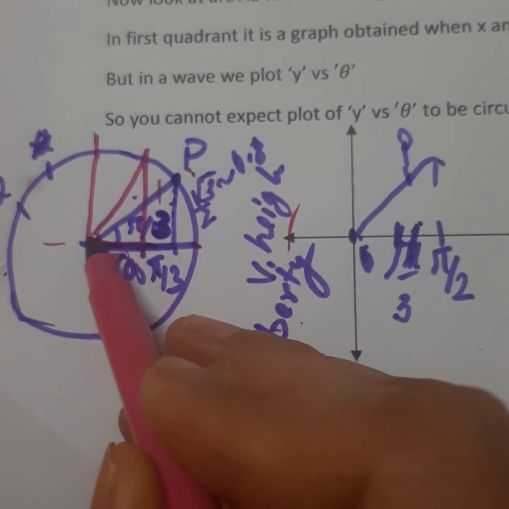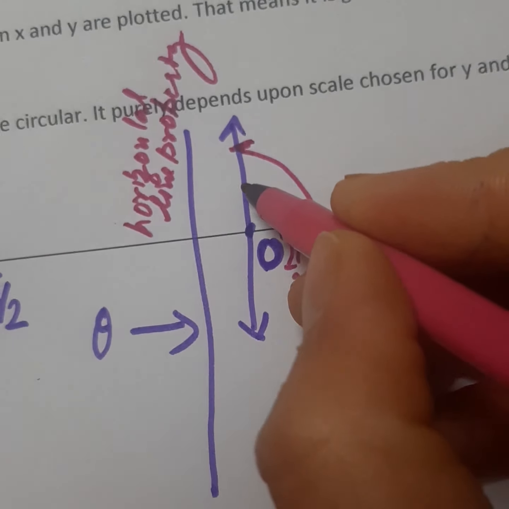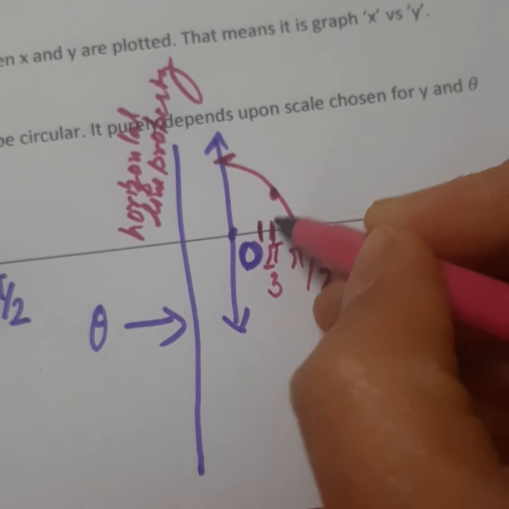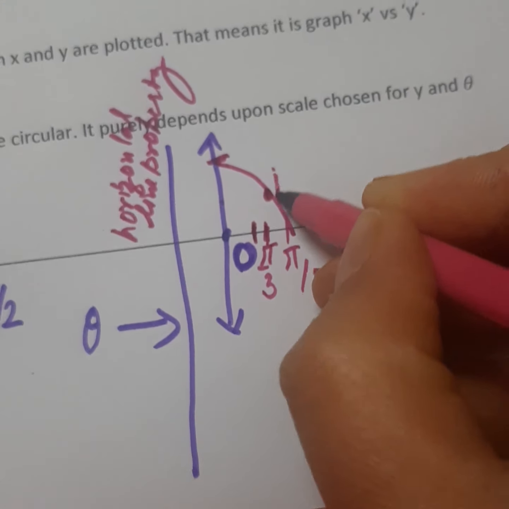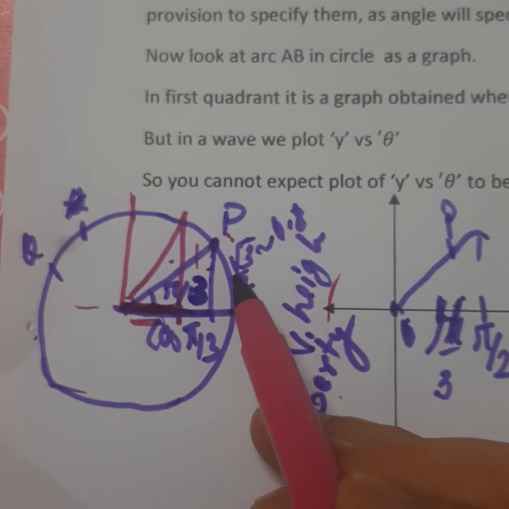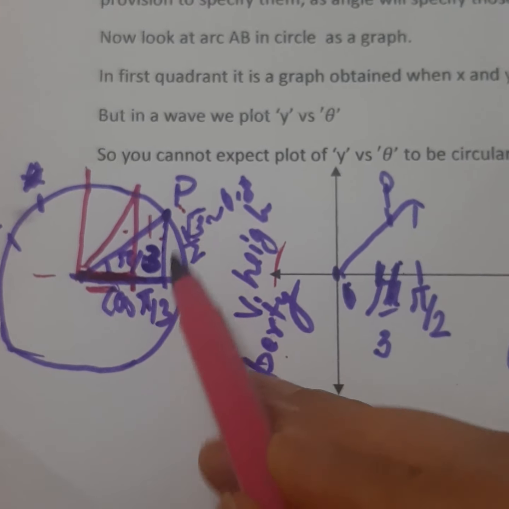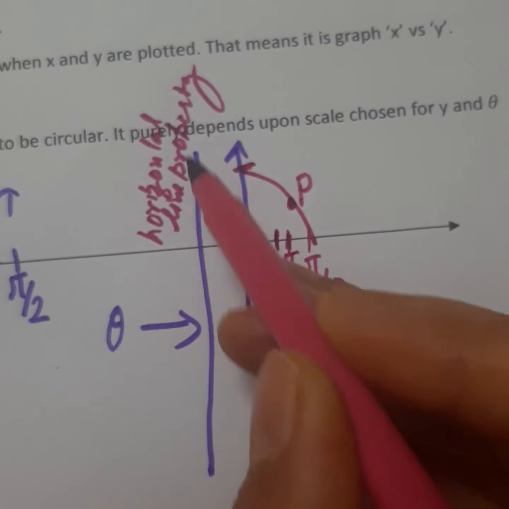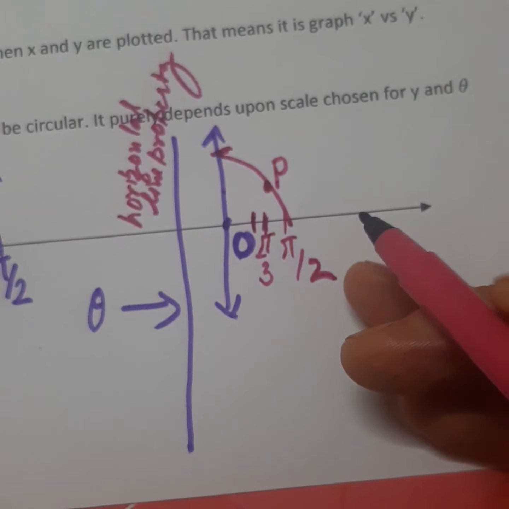And cos pi by 3, this distance is half. So this is going to be that point, and it's visible here, it's your half. Point P is here. So if we describe a wave by its vertical line property, then the same point P is here. But if we describe it by the horizontal line property, then the same point is here.